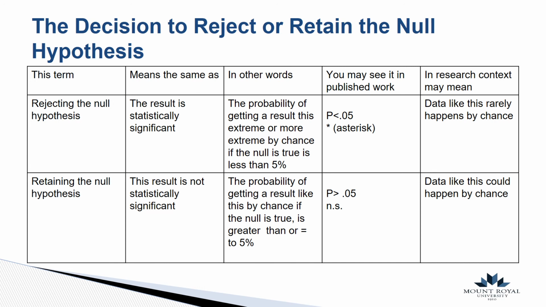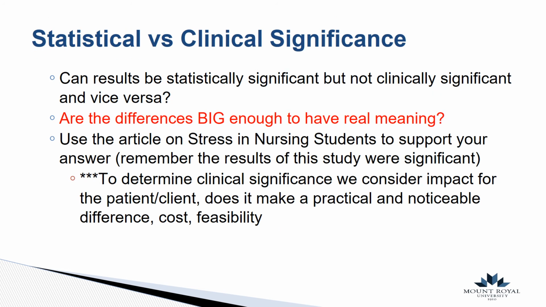So here we would say the p-value is greater than 0.05, and sometimes you may see the terms n.s., not significant, beside that in a research article. And so in this situation, data like this could happen by chance.